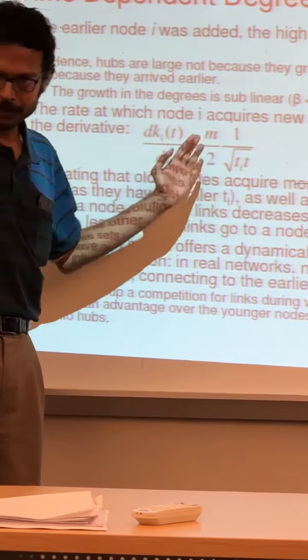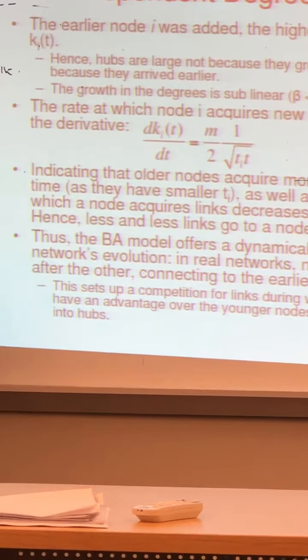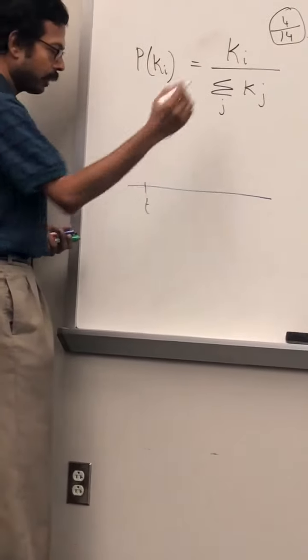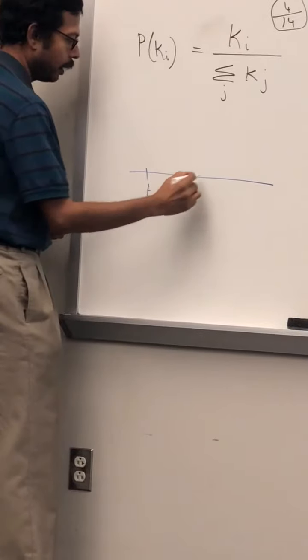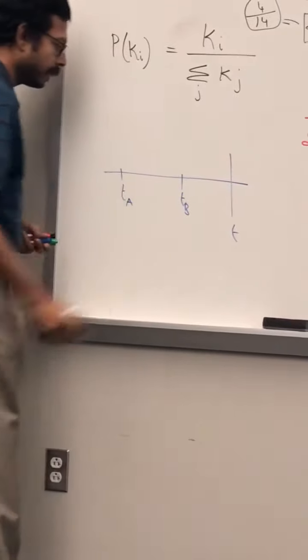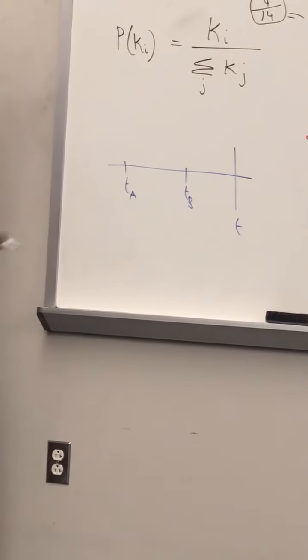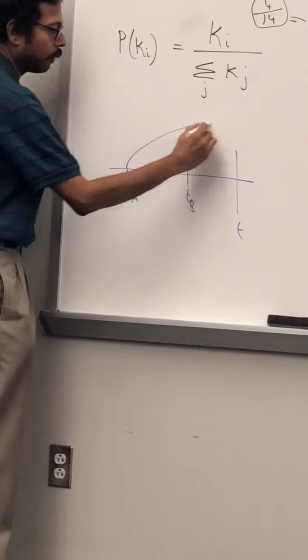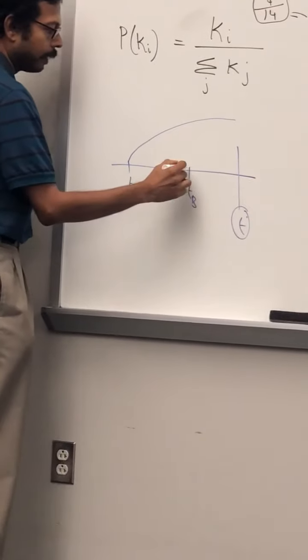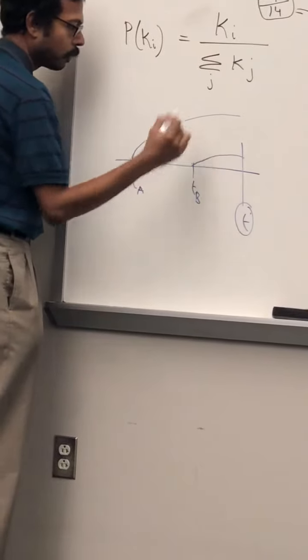So if everything else is fixed, say you have two nodes, like I showed in the figure before. If you have two nodes A and B that join the network at time TA and TB, TA is going to grow faster with time. So we're measuring at some time T. But TB is going to go slower with time.